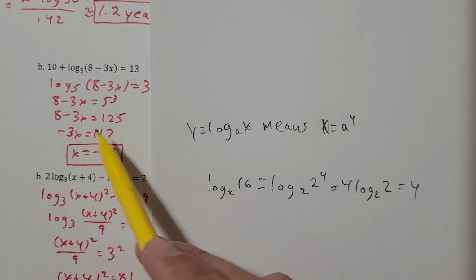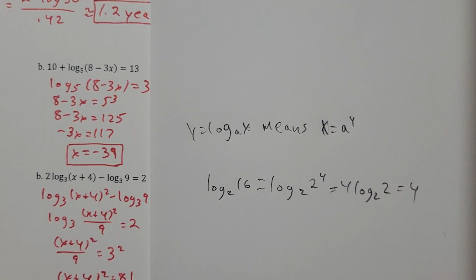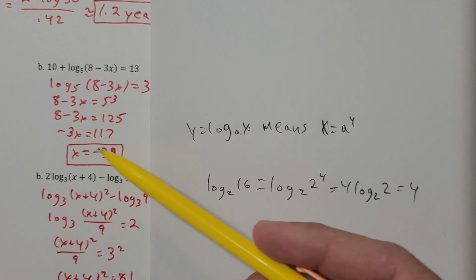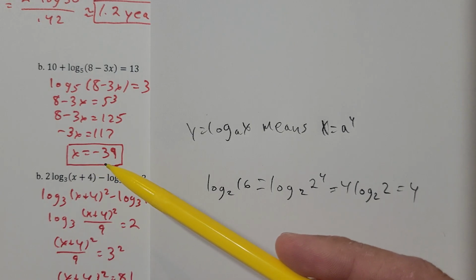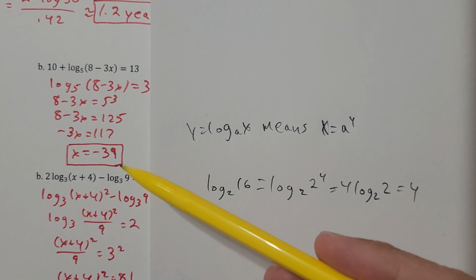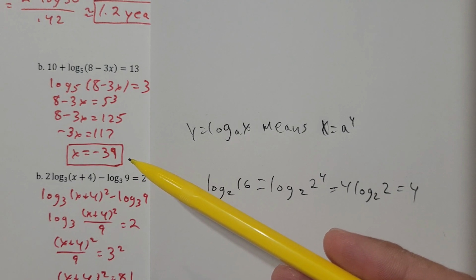Now I'm back on more familiar ground because I don't have any logarithmic notation going on anymore. So if I subtract 8 and then divide by negative 3, x would be negative 39. Is that right? Well, x can sometimes be negative, right?